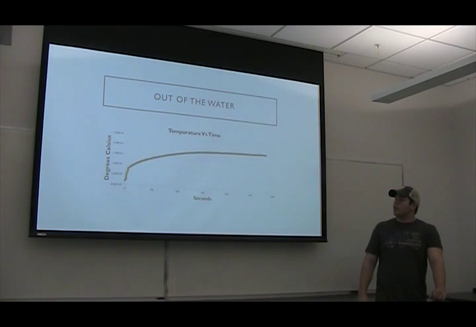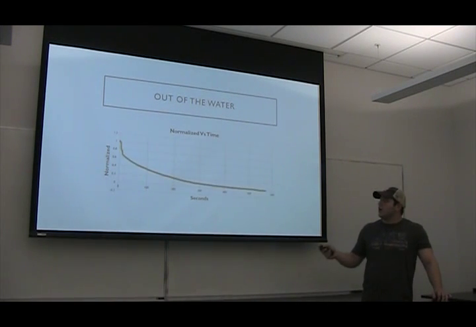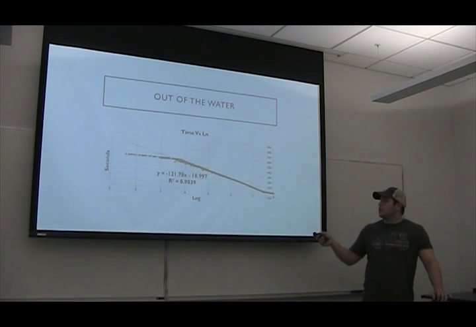And then for out of the water, again, this is just our raw data coming out of the water, and it did go a lot smoother. And then after normalizing it again, you get the range from 1 to 0. And then using the natural log function on the normalized data, you get a nice slope.